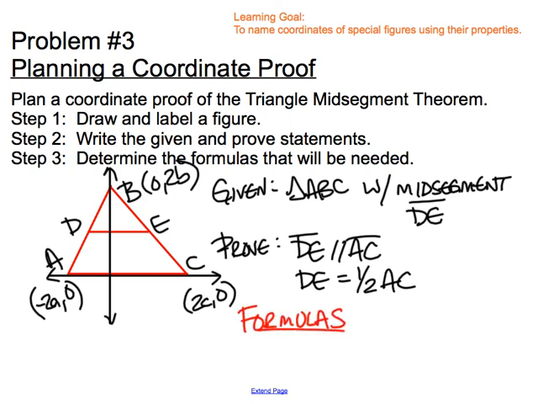In this case, first, we need to find points D and E, so we're going to need midpoint formula. In addition to that, we need to show parallelism, so we're going to need slope formula. And we need to show that segment DE is half the length of segment AC, so we'll need distance formula.